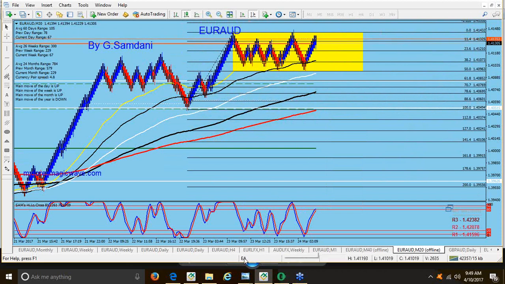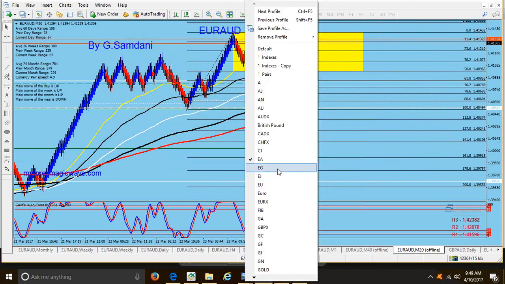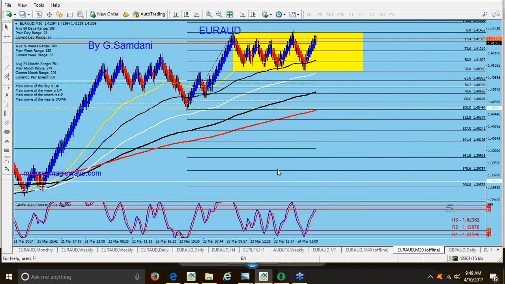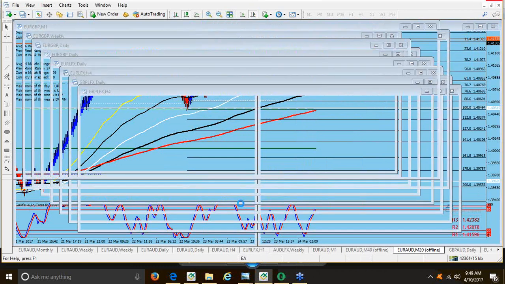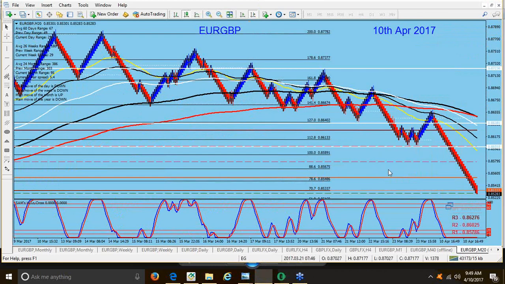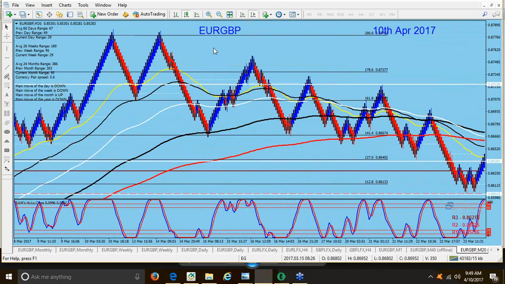So Euro USD is showing up, Euro Aussie is showing up. How about Euro Pound? We have a bullish scenario there. And this is just based on one currency, which is euro. If you want to trade euro pound, you should also look at the pound index.